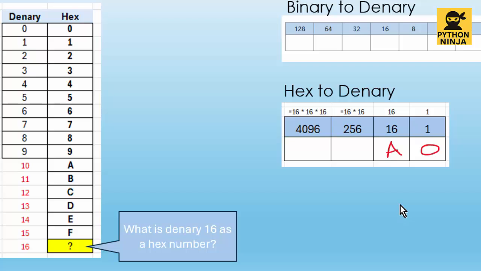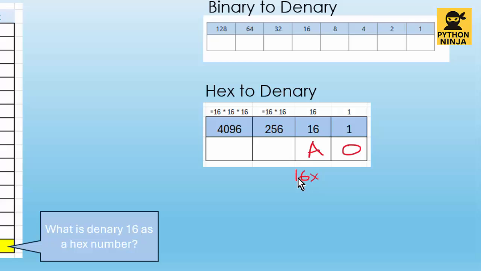Okay, so strangely I find it mentally just a bit less confusing once we start using letters. We know that the letters start at denary 10, and it's just a mental reminder that I'm not dealing with denary values, I'm dealing with a hex value. So we've got this column, it's 16, and we know that the value for A is 10.